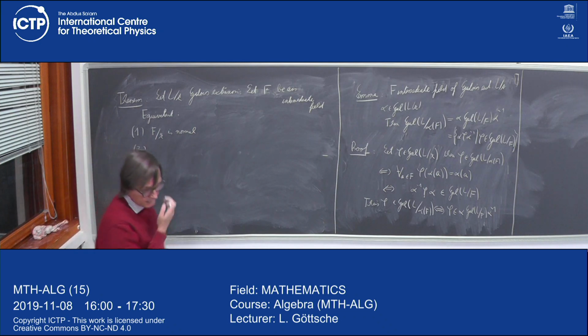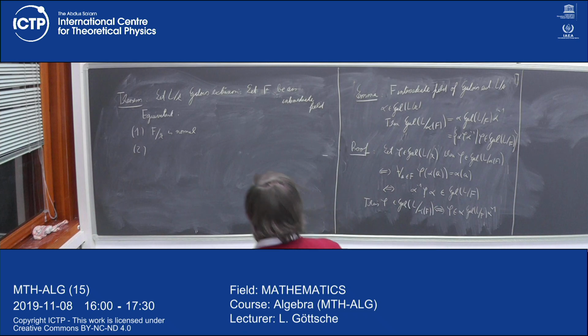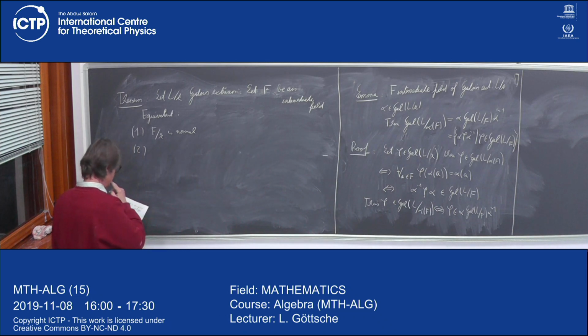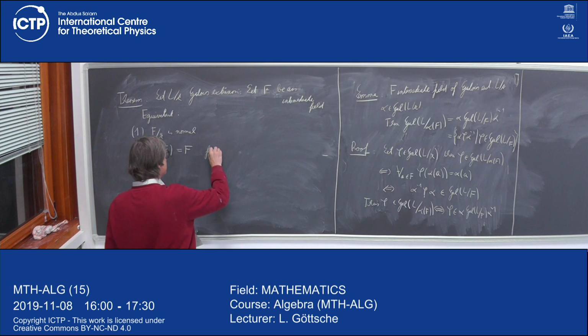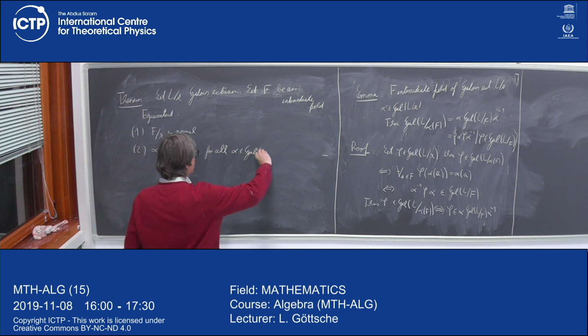The second statement, as one can also see here, is that if I take this alpha of F, this is equal to F for all alpha in the Galois group of L over K.